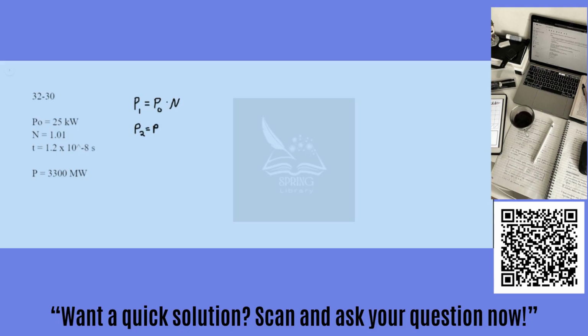And then for P2, if this happens again, we have P1 times N, right? So we go to this next state from the state behind it. If we substitute in P1, that's P naught times N, again times N. And we can continue this pattern forever.